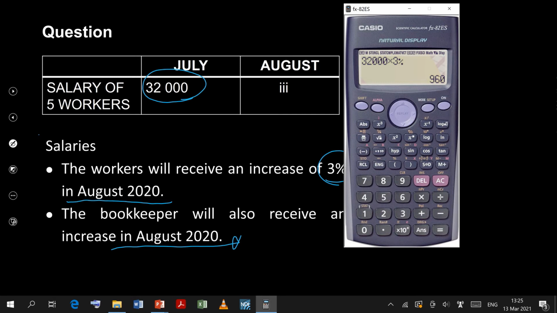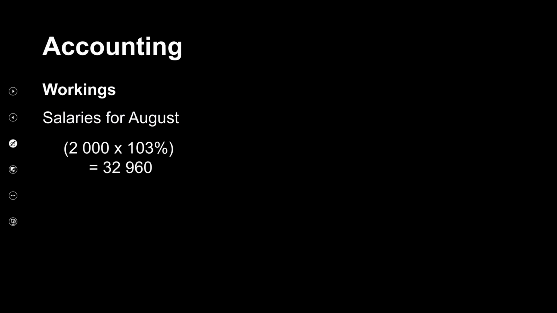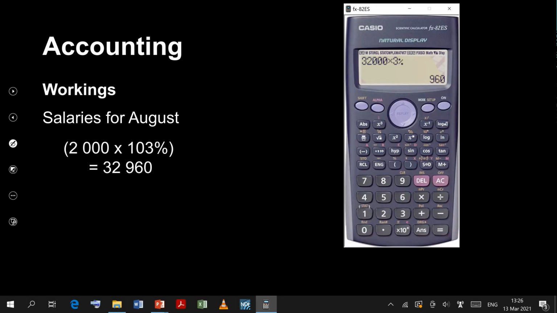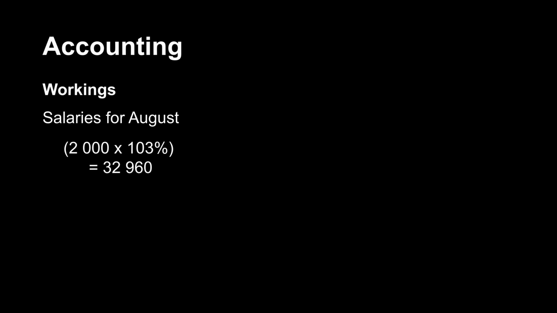Therefore, the bookkeeper will also receive an increase in August. Therefore, watch what we do here. The 960 is the increase, as you saw on our calculation. There's my 960. So therefore, the new salary will be the 32,000 plus the increase will give you a figure of 32,960. Here we go.